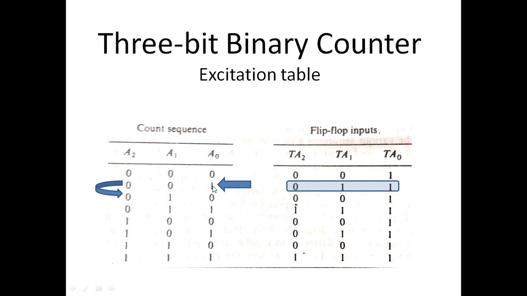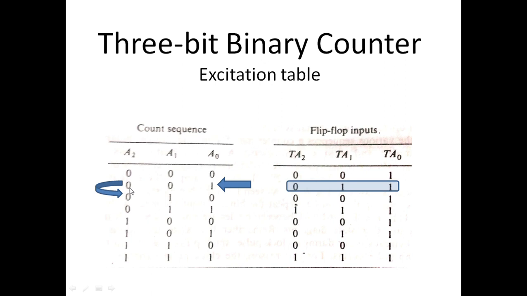So we provide 1 to the T input of flip-flop 0, 1 at the T input of flip-flop 1, and 0 at the T input of flip-flop 2. So the sequence is 0, 1, 1. That is the input sequence to the 3 flip-flops.